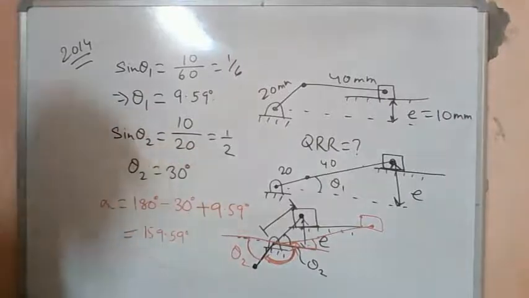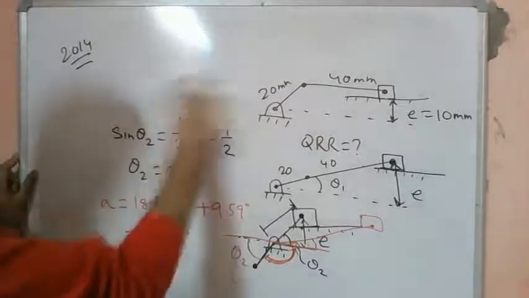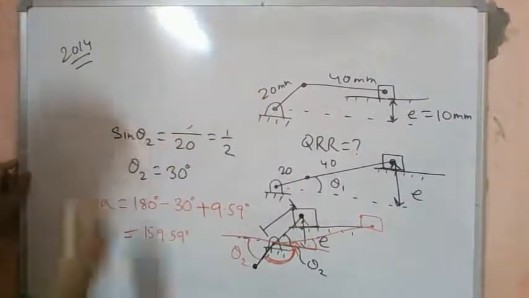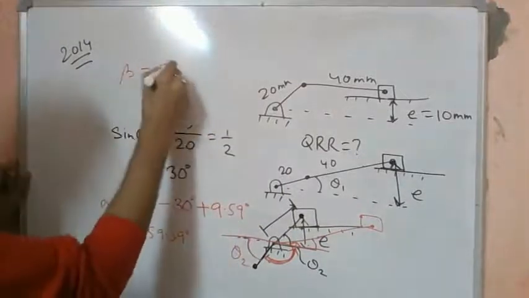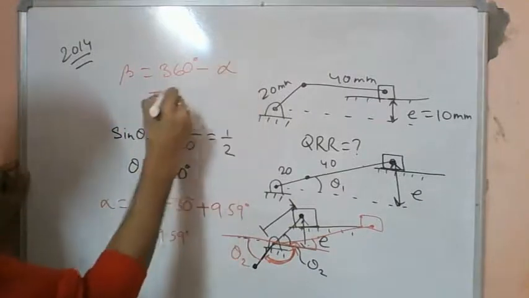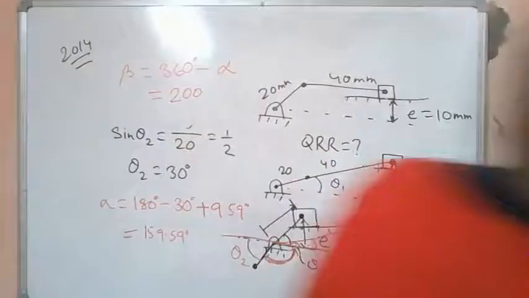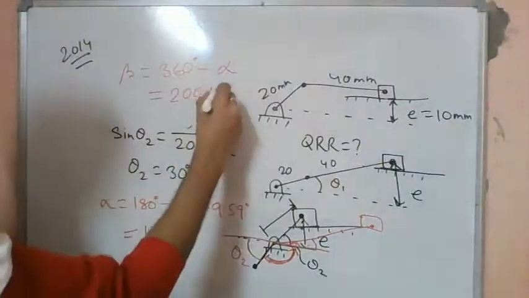This is the angle for the return stroke. So the angle for the forward stroke will be beta equal to 360 degrees minus alpha, which is 200.41 degrees.